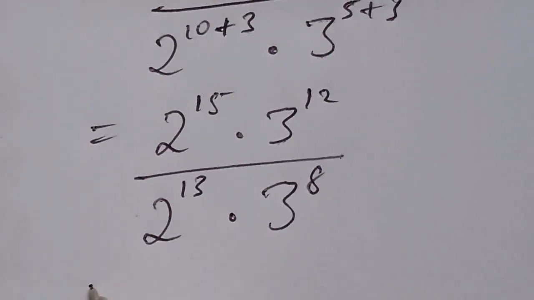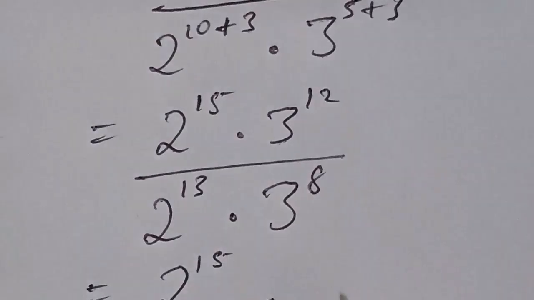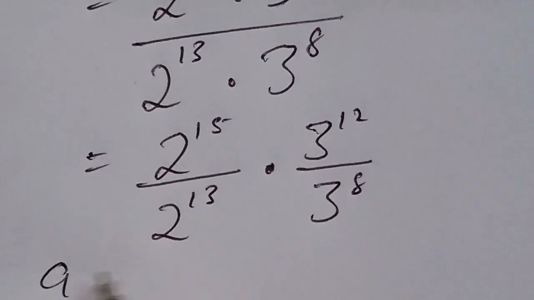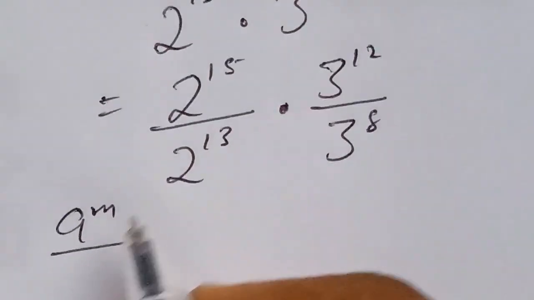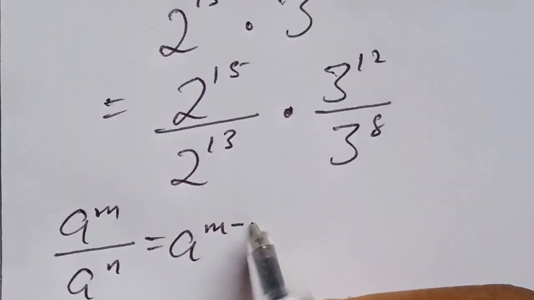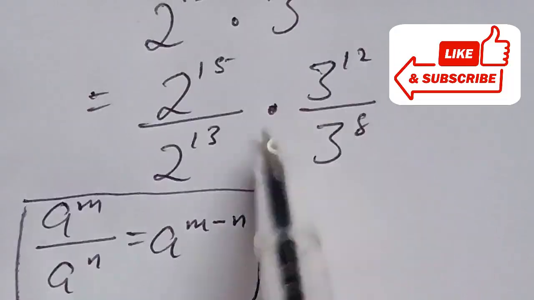So from here, this can now be written as equal to 2 to the power of 15 over 2 to the power of 13 multiplied by 3 to the power of 12 over 3 to the power of 8. So using the identity, which implies a to the power of m over a to the power of n is written as a to the power of m minus n, let's use this identity to simplify this.